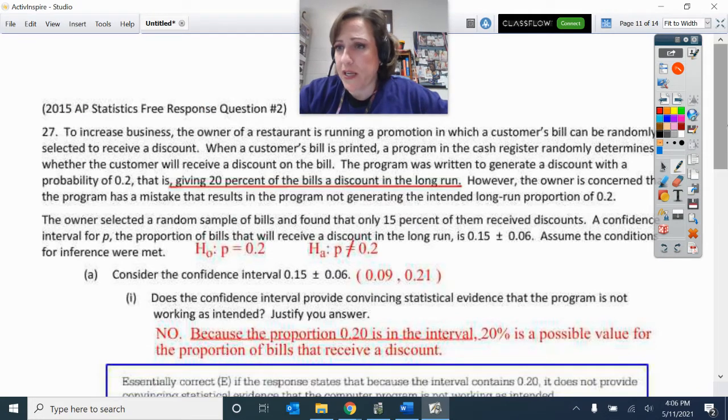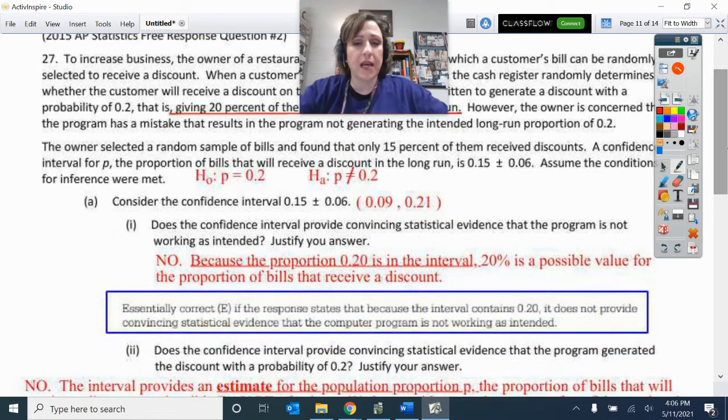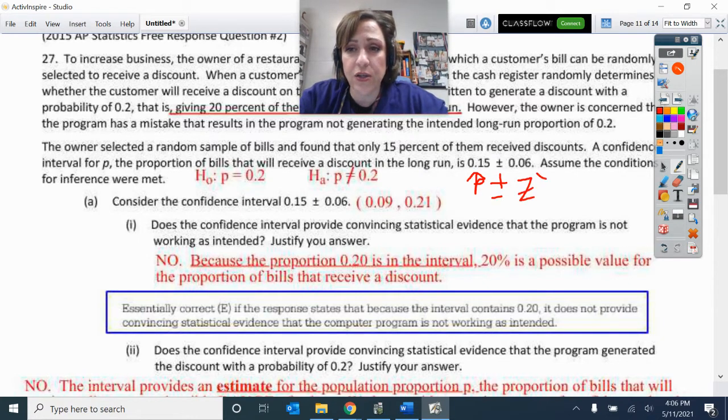So we have an interval here that we've been given. They give us the sample proportion plus or minus 0.06. So that's your margin of error, 0.06. Because remember that with a confidence interval, this is your statistic, which in this case is a proportion, plus or minus the critical value, and then times that standard deviation, whatever that is.